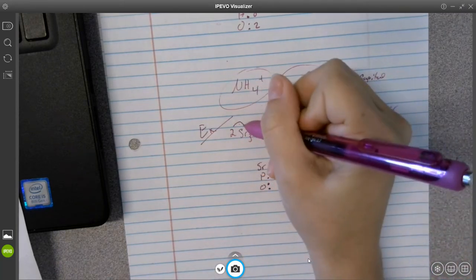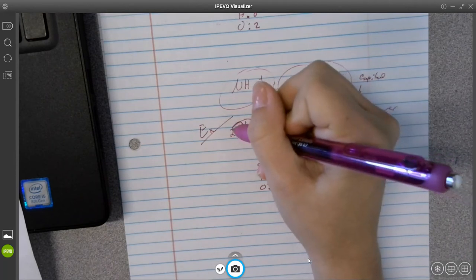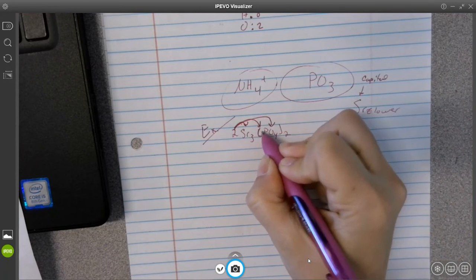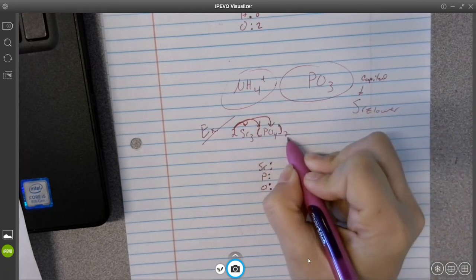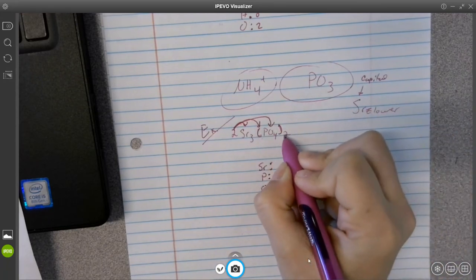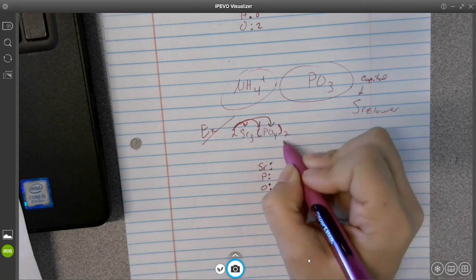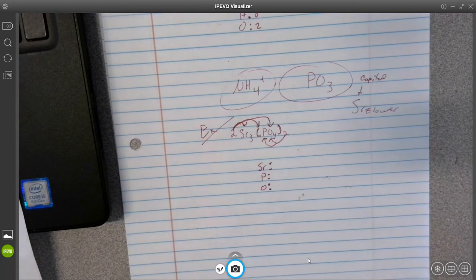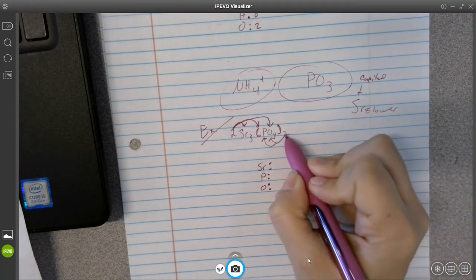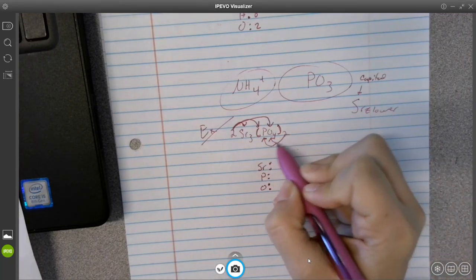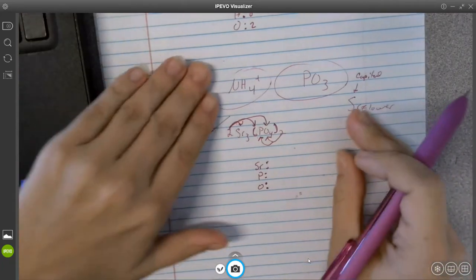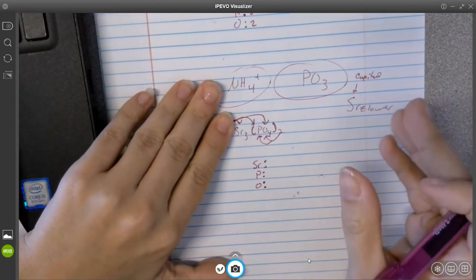We know that the coefficient will be distributive. It will go out to each different element. But within our parentheses here, we have a little 2. And so this little 2 right here means that within the parentheses, we will also multiply it a third time. So let's pretend we don't have a coefficient first.